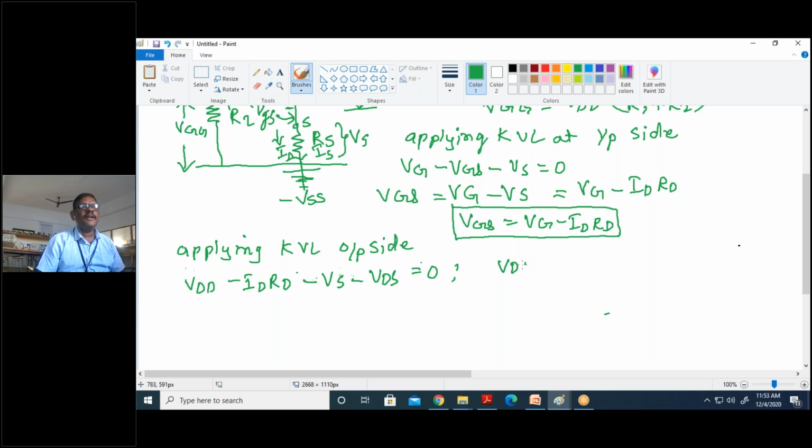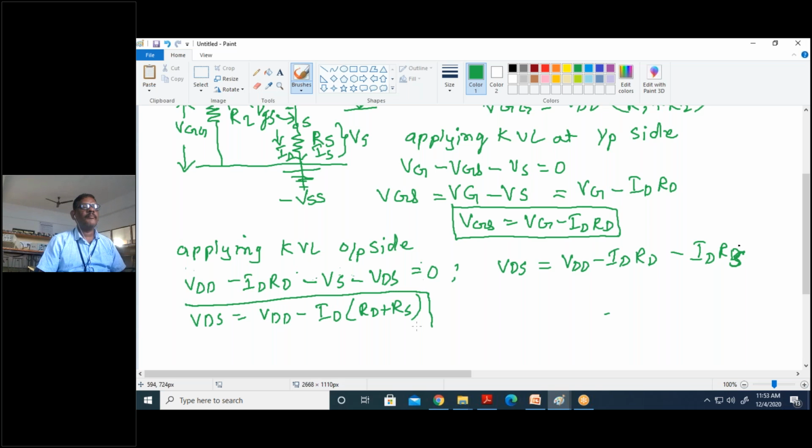Now VDS is equal to VDD minus IDRD minus VS, here VS is equal to ID into RS. Now VDS is equal to VDD minus ID into RD plus RS. This is the output voltage complete equation.